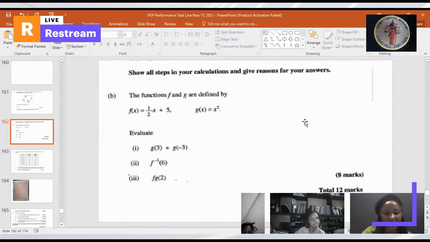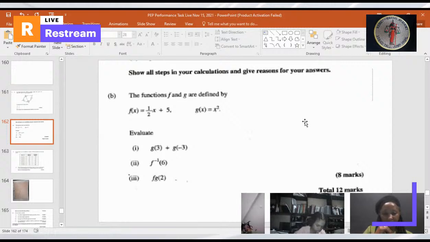So they want us to evaluate g of 3 plus g of negative 3. So how would we word that? We would find what g of 3 is, and then we'd find what g of negative 3 is, and then add them together.